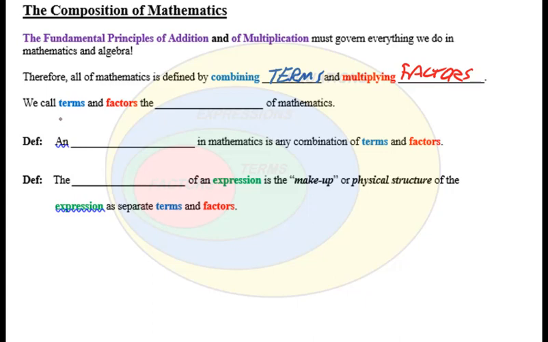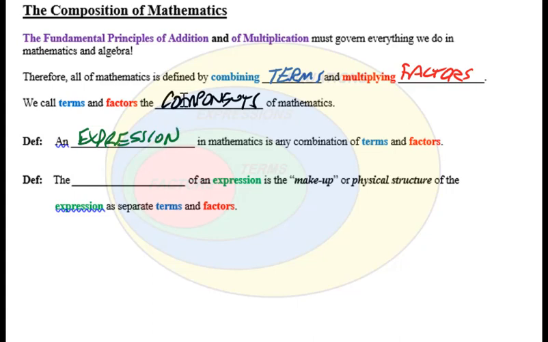So just for terminology, we call the terms and factors the components of mathematics. An expression in mathematics is any combination of terms and factors.